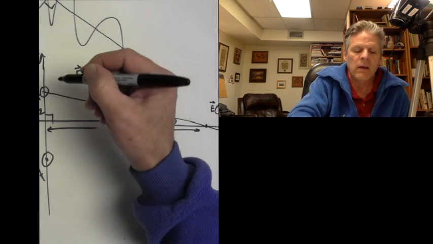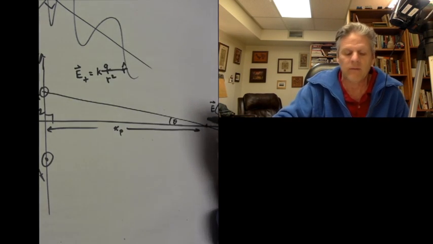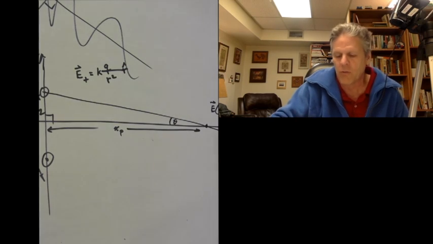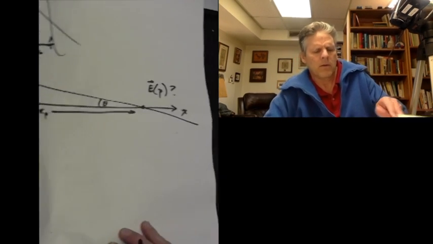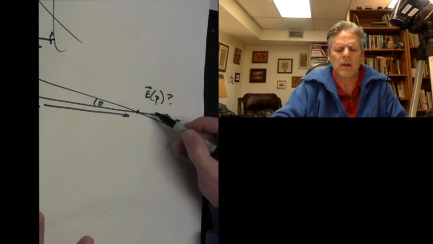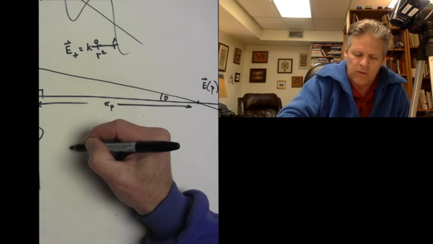Remember, we're at this point, so we're talking about the vector that goes from the charge to the point. So we're looking at the vector in this direction. I hope you guys can see that. I'll take this little triangle right here, and I'm going to expand that out.